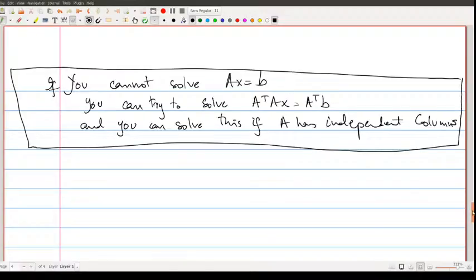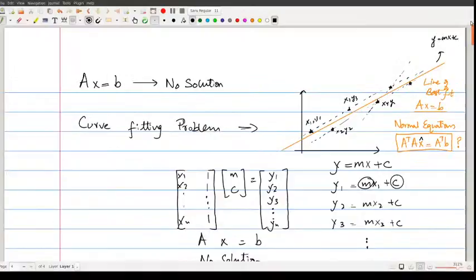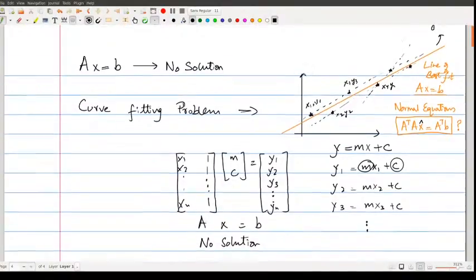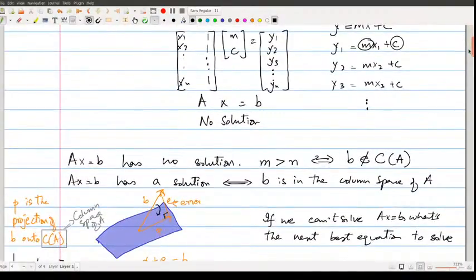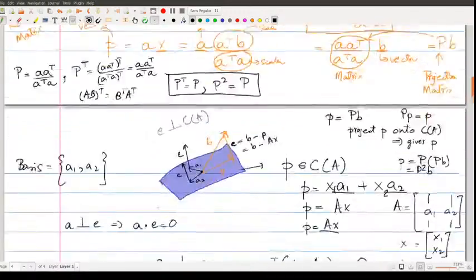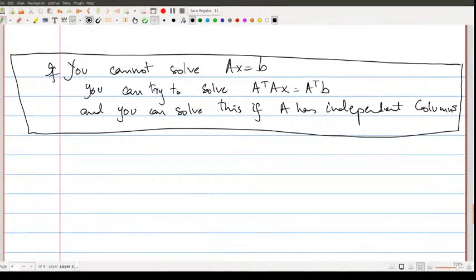Okay. Let's see. Yeah, I think we've covered all that was required. I've done this, by the way, in a more theoretical manner in the spring semester. Over there, I discussed it in terms of least squares, and I don't want to do that again. I'll just post the same video in the playlist.